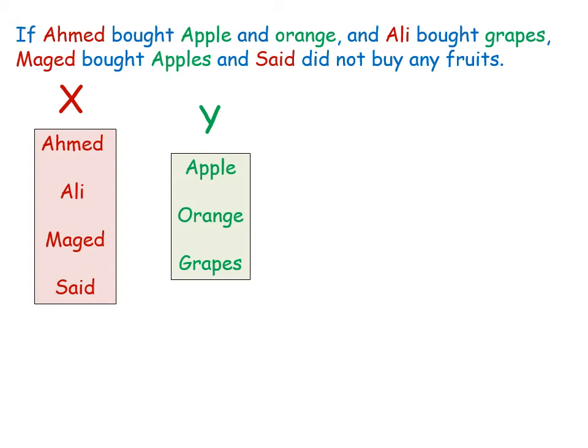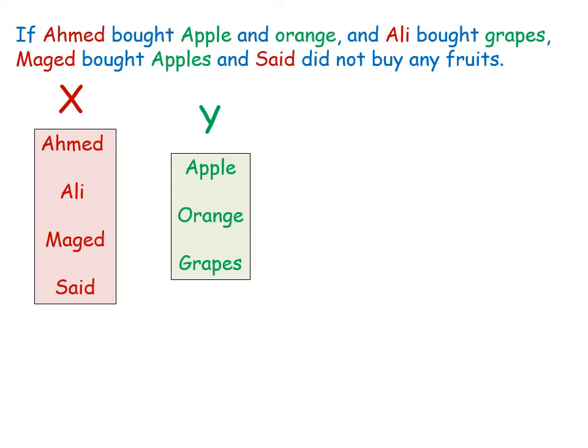Okay, but the Cartesian product itself is all the ordered pairs I can have from crossing the two sets. Here in relation, I don't want to illustrate all the possible ordered pairs.